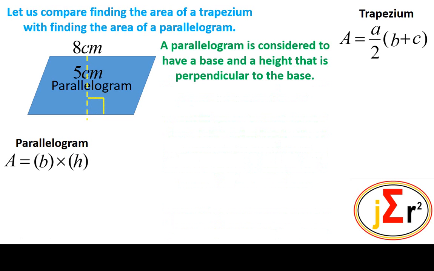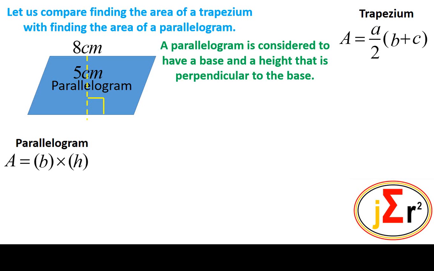A parallelogram, if we are finding the area of a parallelogram, we consider that it has a base and a height that is perpendicular to the base. The base will therefore be the length of this side. Well, this side will be the base, and no doubt that this side is also the same length as the side that we are using as the base.